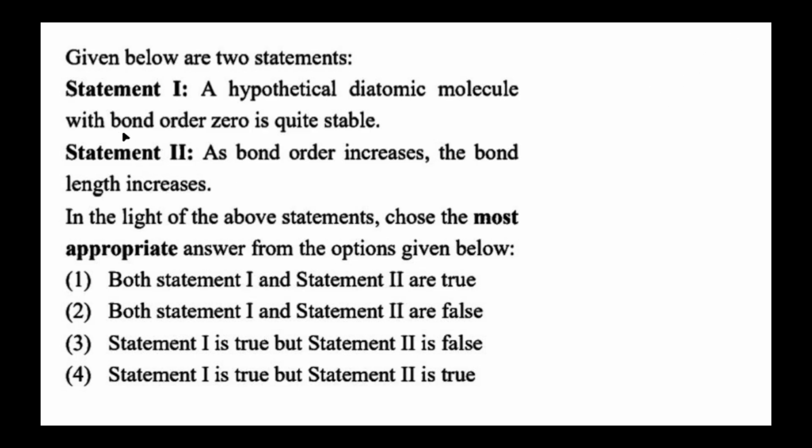First, bond order 0 means the molecule does not exist. A hypothetical diatomic molecule with bond order 0 is quite stable? Bond order 0 means the diatomic molecule does not exist.